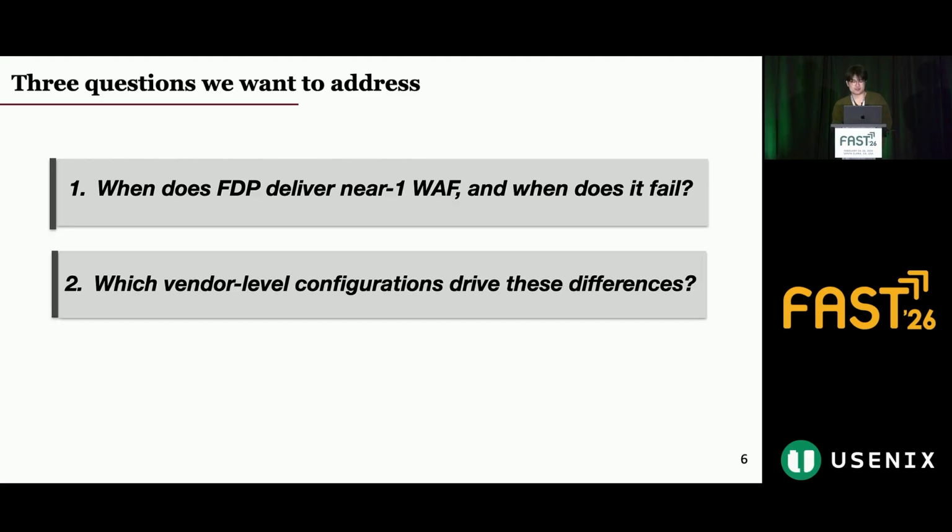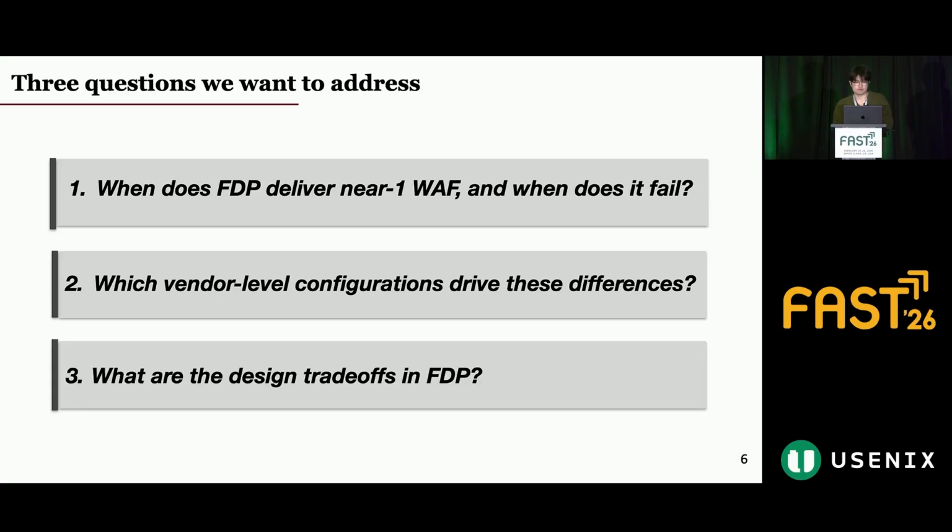Second, even under the same workload, FDP outcomes can vary across vendors. Which vendor-level configurations drive these differences? And third, what are the fundamental design trade-offs in FDP SSD? What intrinsic behavior is still hidden, left uncovered and unanswered?